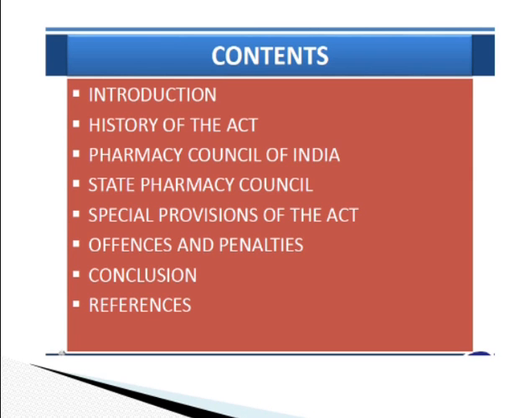Then the explanation of the Pharmacy Council of India, the State Pharmacy Council, as well as the special provisions of this act, preparation of the first register, second register, subsequent register, explanation of offences and penalties, and education regulation, are included in this chapter.